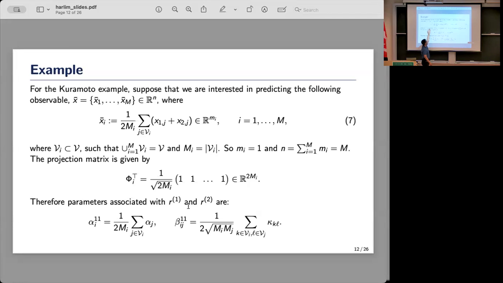This is your observable; it's just the average. That's the coarse-graining in this particular example. Then the projection operator is just given by that, and you can compute alpha I11 and beta I11. We will make an assumption that these two components are available to us, maybe through measurement in reality, I don't know.